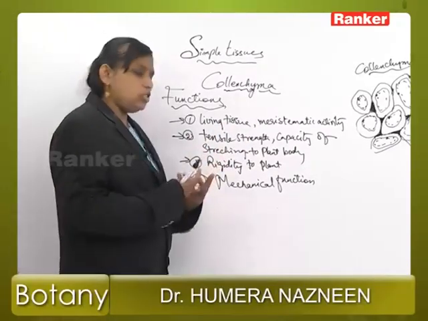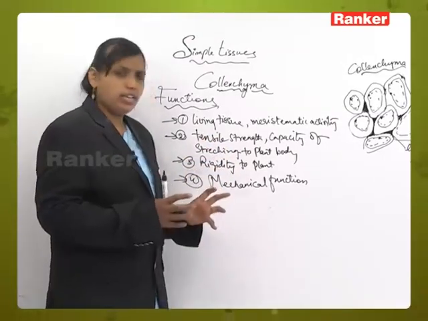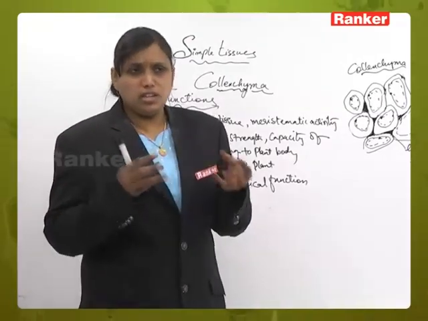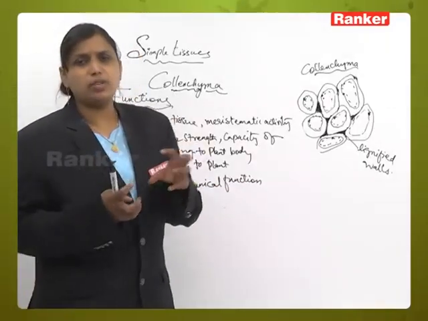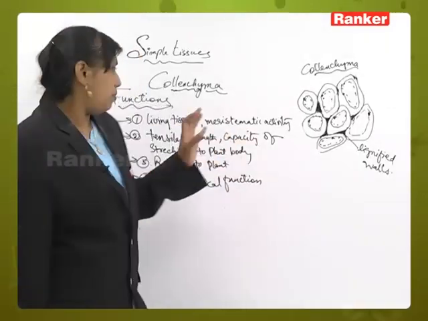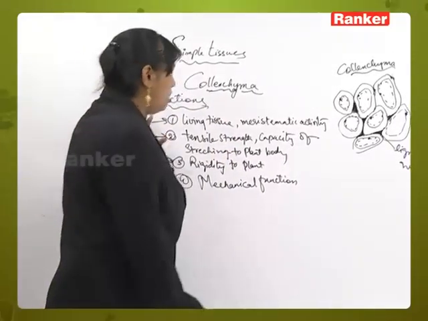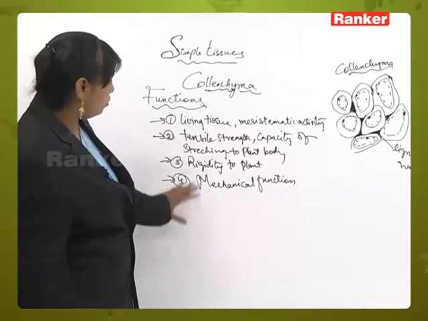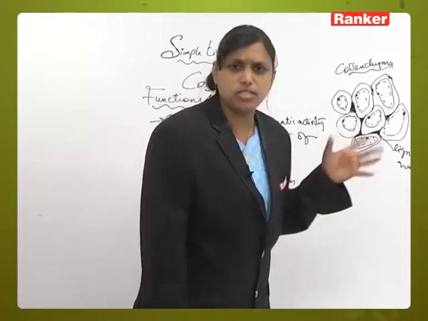Next, it provides rigidity to the plant body till the sclerenchyma is developed. It is also capable of increasing the surface area as well as the size of the plant. Basically, it gives the mechanical function permanently to the plant body. This is about Collenchyma. Next we are going to study sclerenchyma.